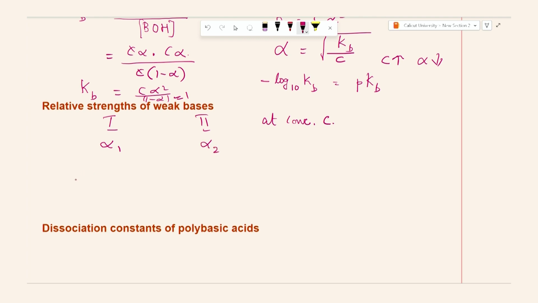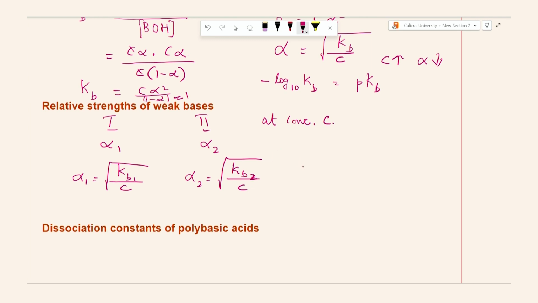Then we can put alpha 1 is equal to square root of Kb 1 of the first divided by C. Alpha 2 will be equal to square root of Kb 2 divided by C.